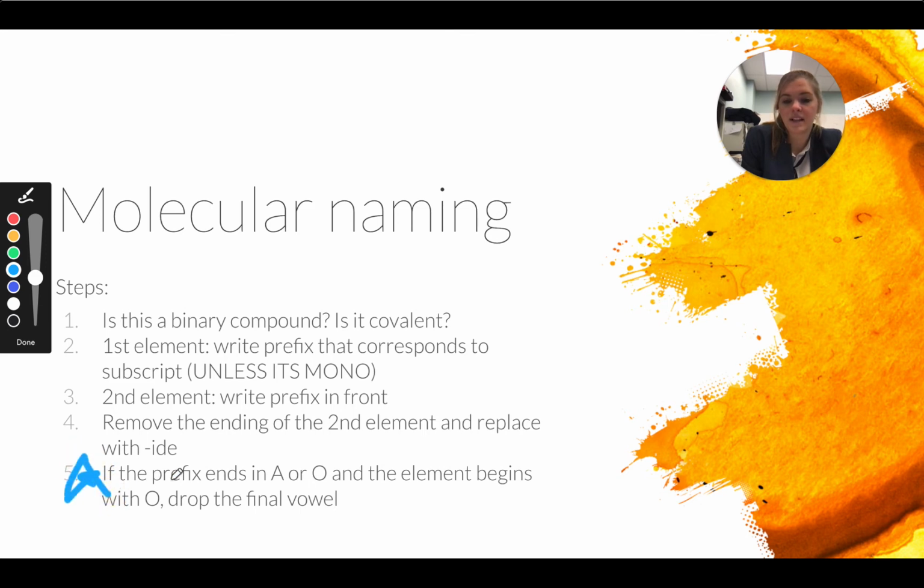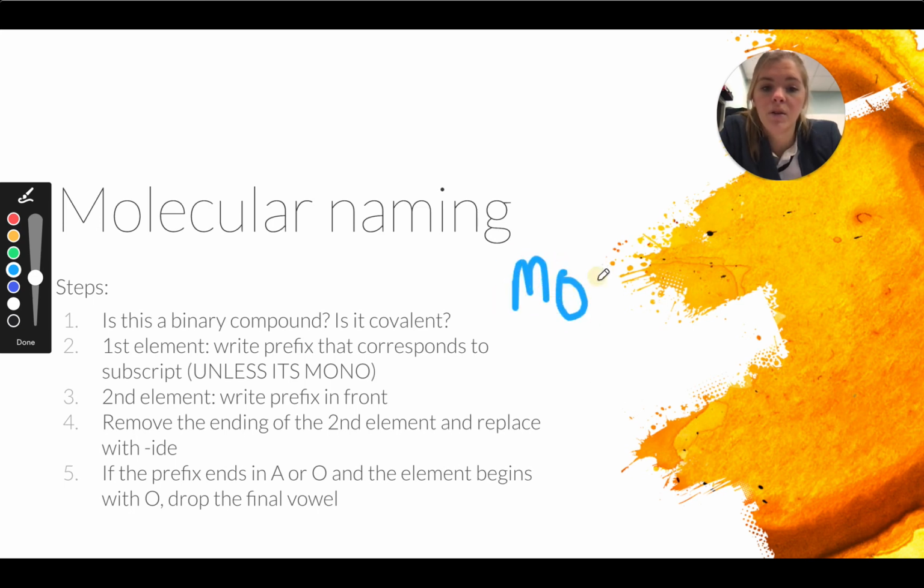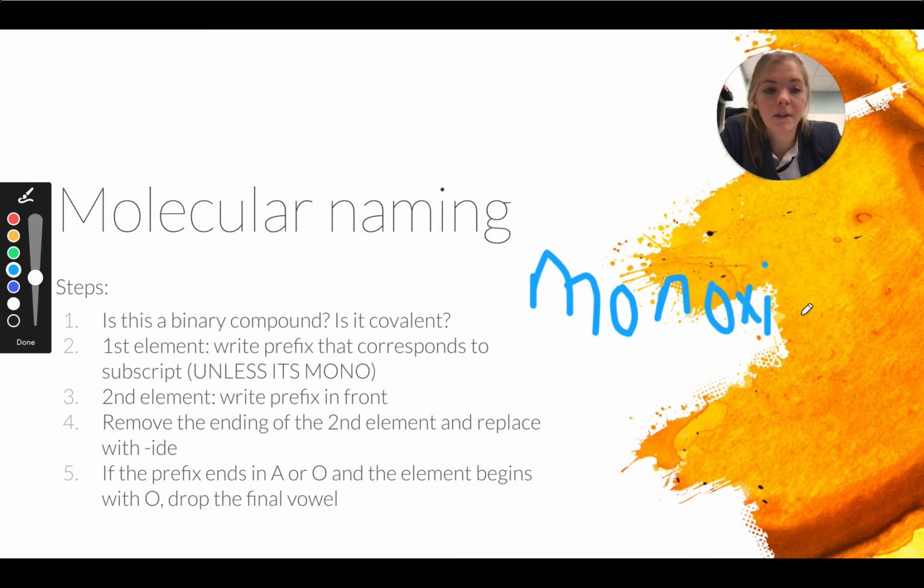If the prefix ends with an A or an O, and the element begins with A or an O, drop the final vowel. So we know that mono ends in an O, so we're going to drop that final vowel of O, so we get monoxide. So we'd have sulfur monoxide. And we're going to follow those steps every time we're naming covalent compounds.